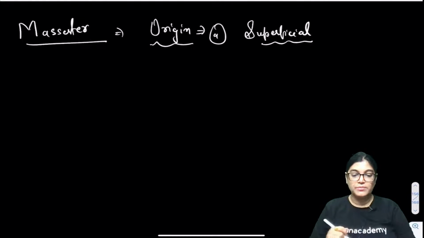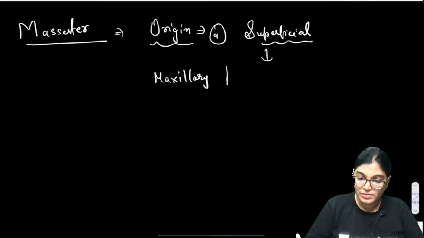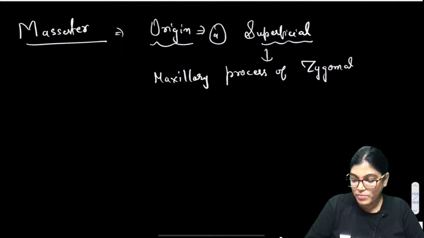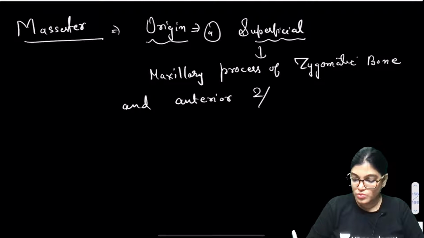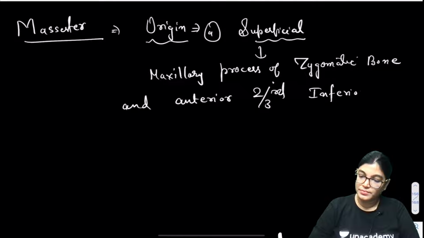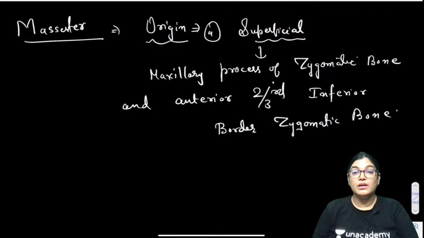The superficial fibers originate from the maxillary process of zygomatic bone, and the anterior 2/3 of the inferior border of zygomatic arch. This is about the superficial fibers.